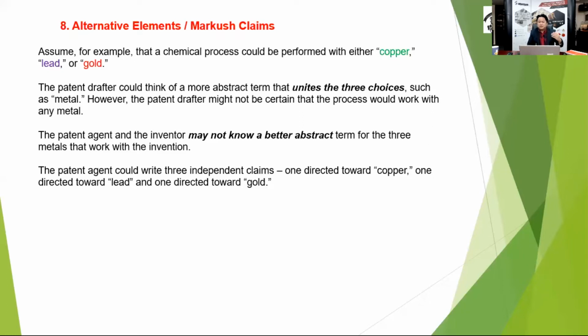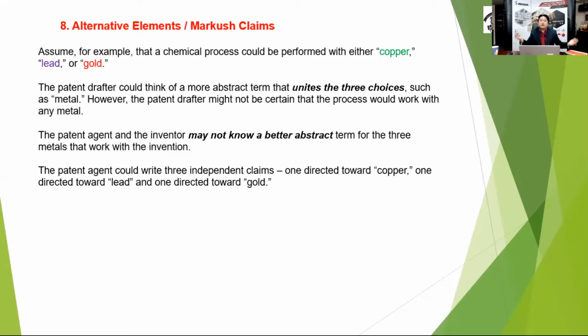But the inventors say that this might not work with any metal. I can suggest the word metal to replace copper, gold, lead, but it doesn't work with any metal. So maybe it only works with these. The best is these 3 choices: gold, lead, and copper.